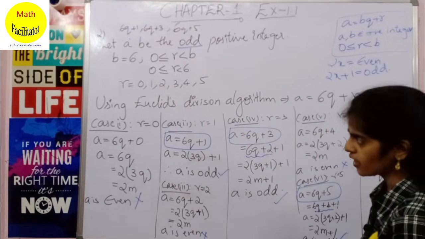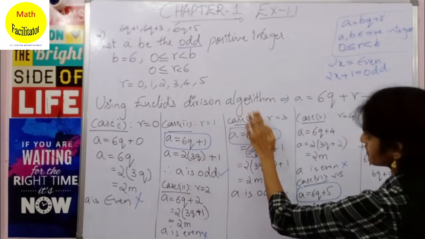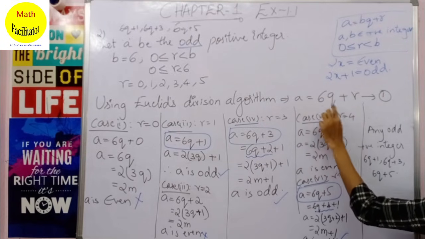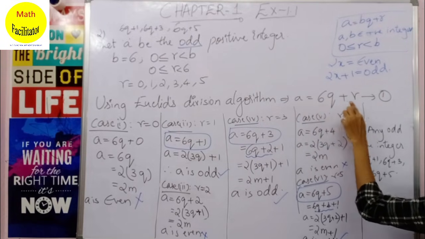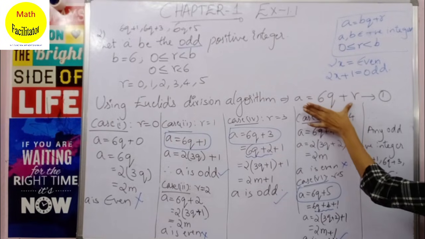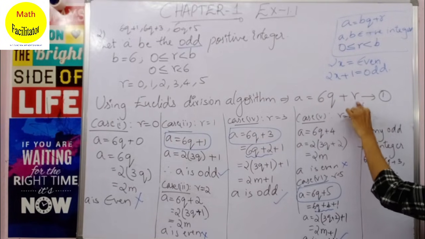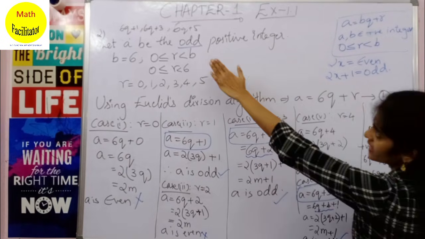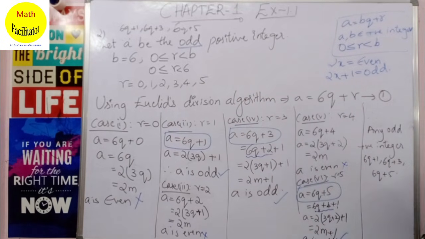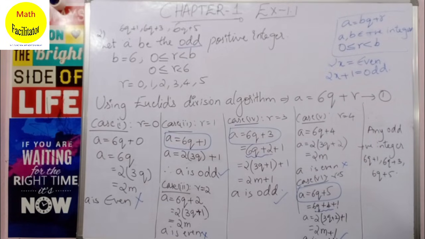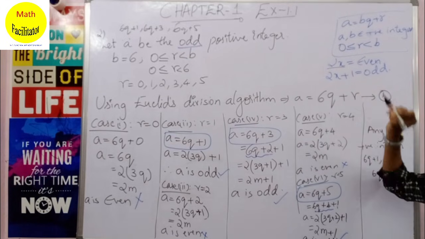Okay, now what you will do is, you will write Euclid's division algorithm, and here b is 6, a equal to bq plus r, b is 6, so a equal to 6q plus r. Now in this algorithm you will substitute r equal to 0, 1, 2, 3, 4, 5, and you will try to get the required condition. Now in this case, since you want odd numbers, we know that if any number is of the form 2 multiplied by something, it is even.